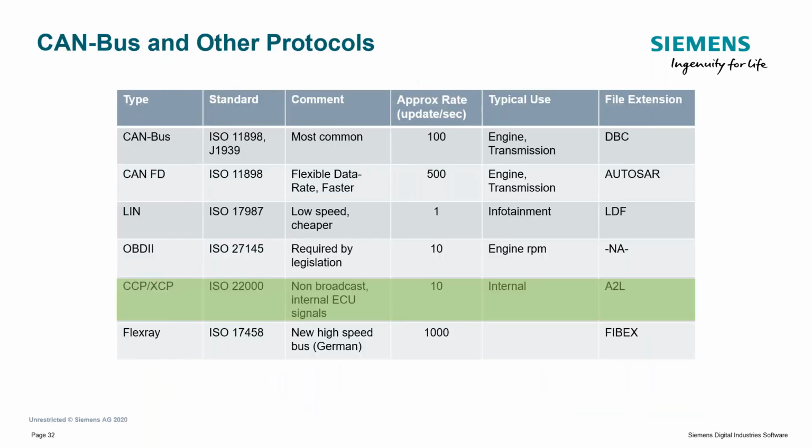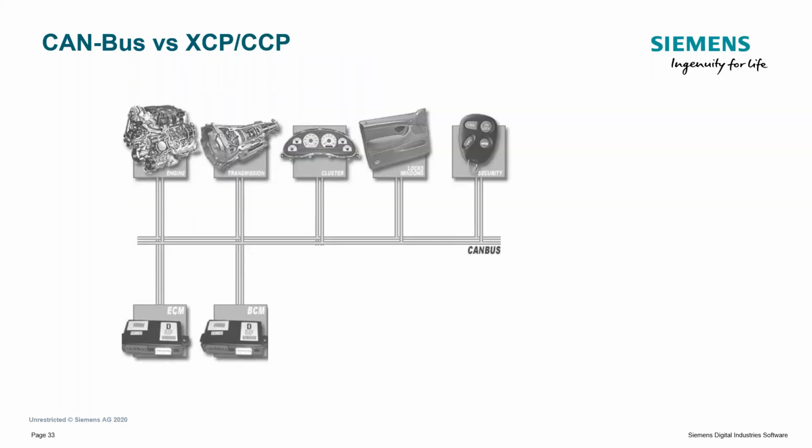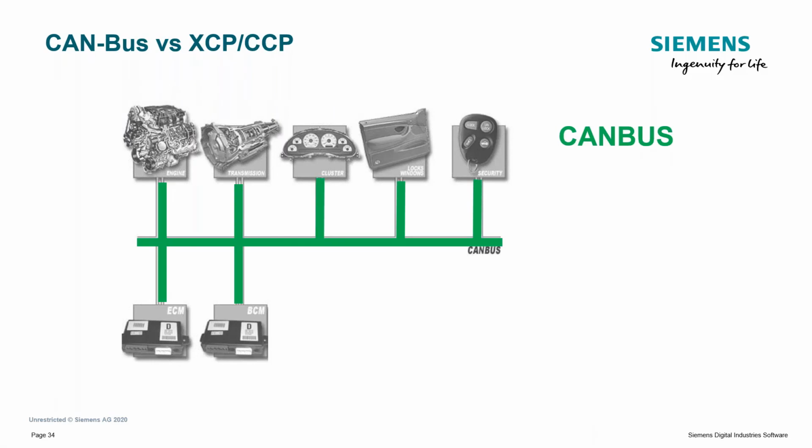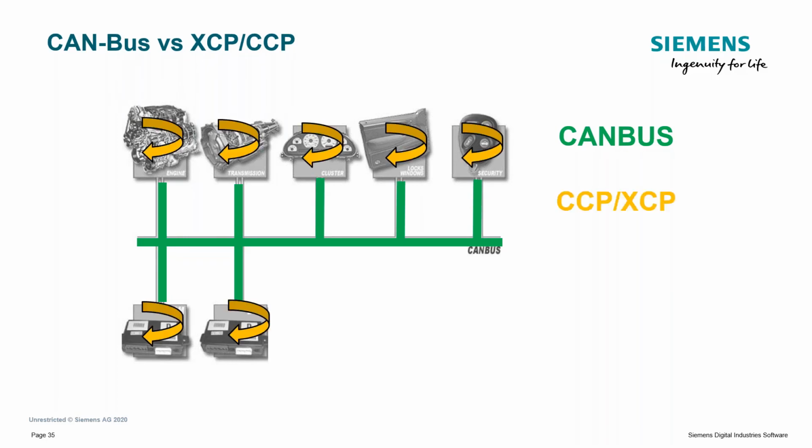Okay. I thought I'd point out one other thing here. That is something called CCP or XCP. It's from ISO 22000. The other kind of interesting thing is, we're talking about communication between these electronic control units. So these are things that have to be broadcast, the transmission has to talk to the engine, etc. But there are actually a lot of signals, too, that never get broadcast.